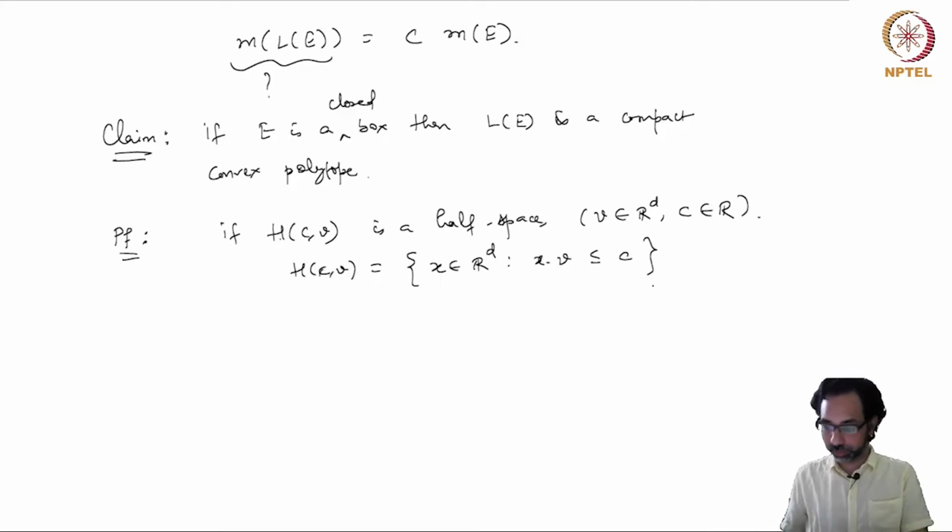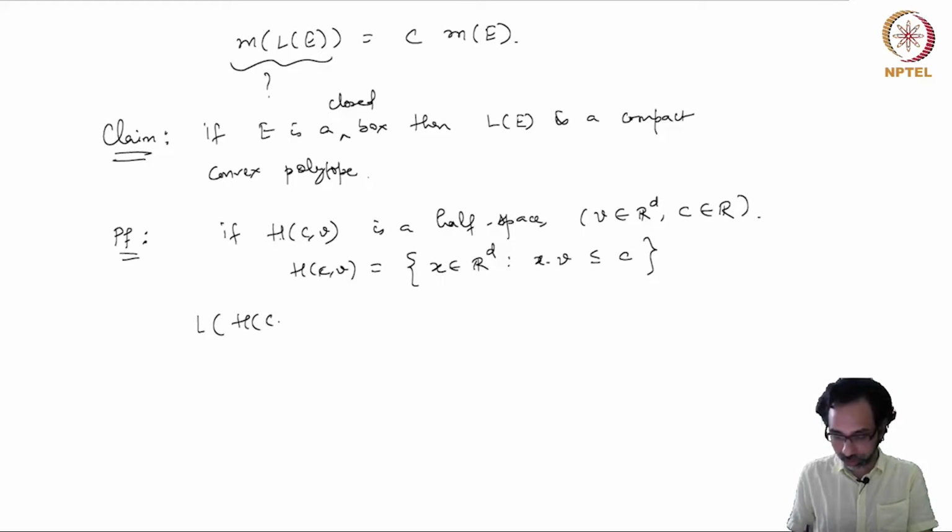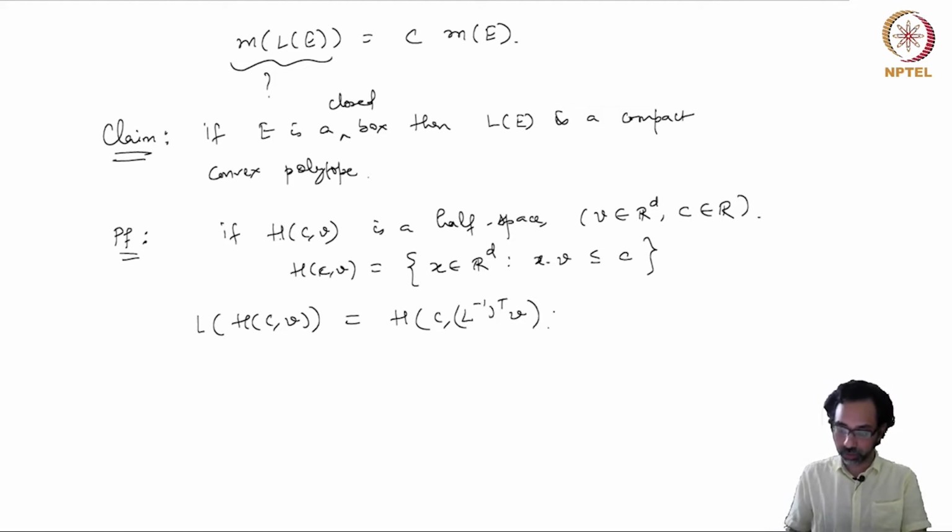Then the claim is that L of H_{C,V} is equal to the half space H_{C, L inverse transpose of V}. So the linear transformation L takes a half space to a half space.